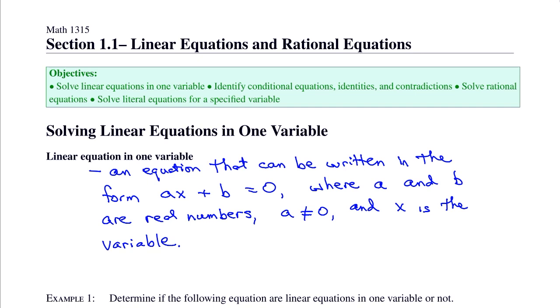An equation that can be written in the form ax plus b equals 0, where a and b are real numbers, a is not equal to 0, and x is the variable.